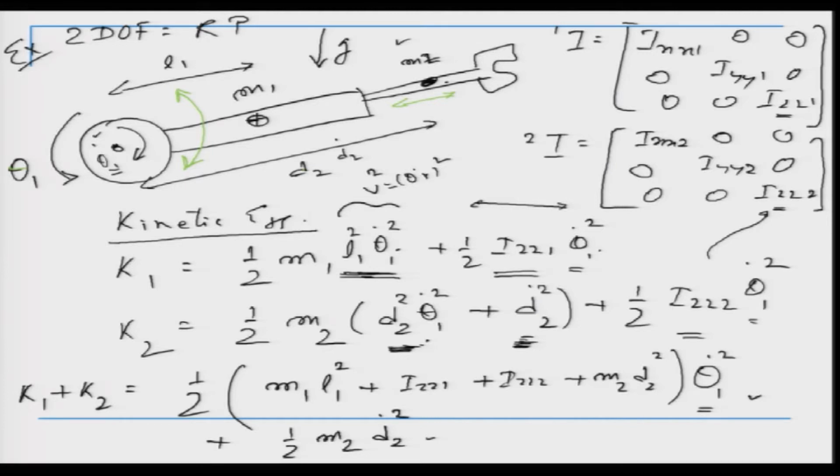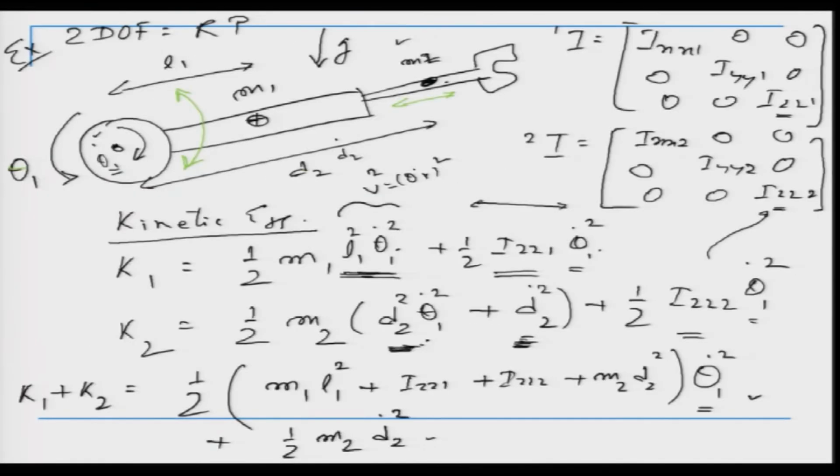Now, next is our potential energy. How do we compute our potential energy? Essentially, the potential energy U. Let us go back to the figure again and see that the potential energy of this is going to be mg, which is going to act downward. So, that is my mg. L1 is the length, plus if I say an angle theta, if I take this as the reference, let me take that as my reference 0, then this is my angle theta.